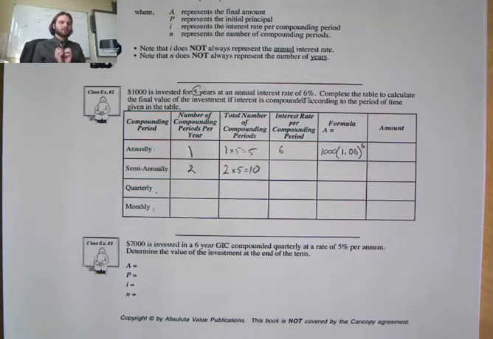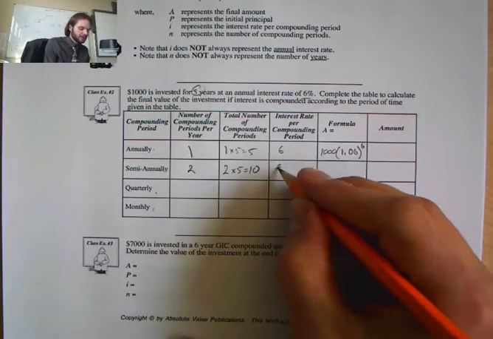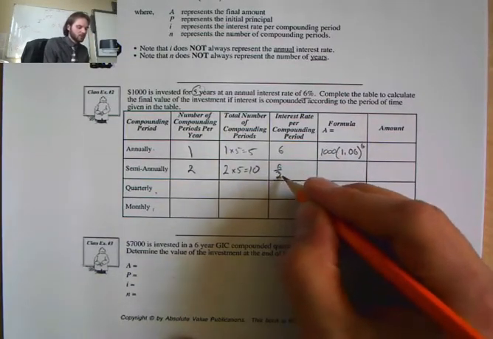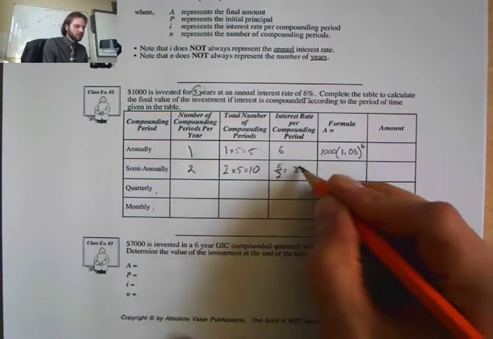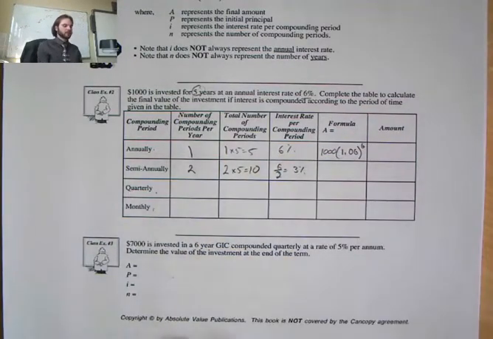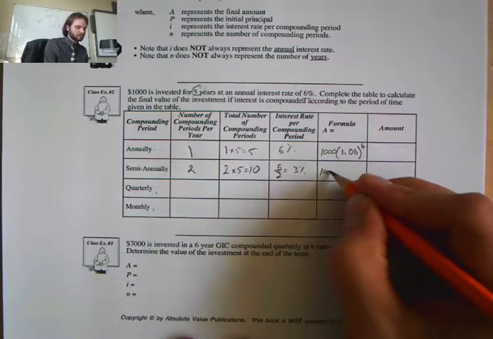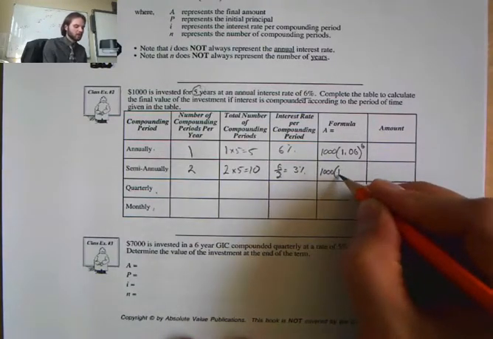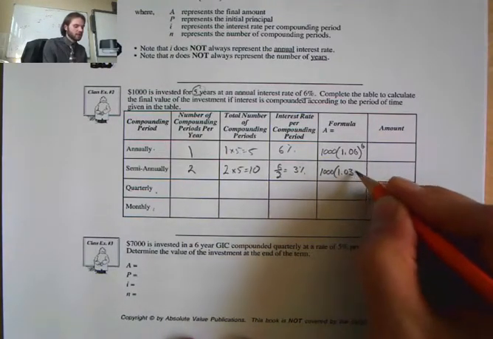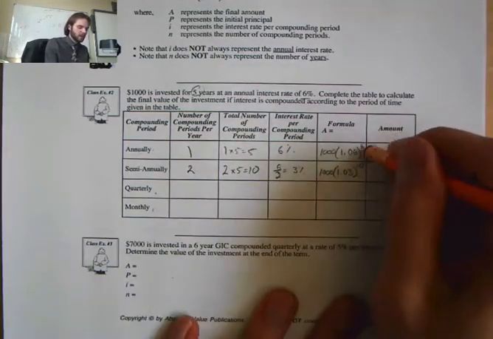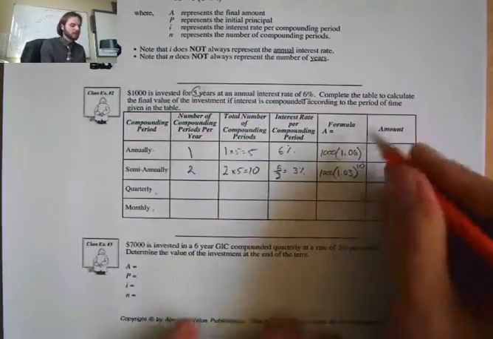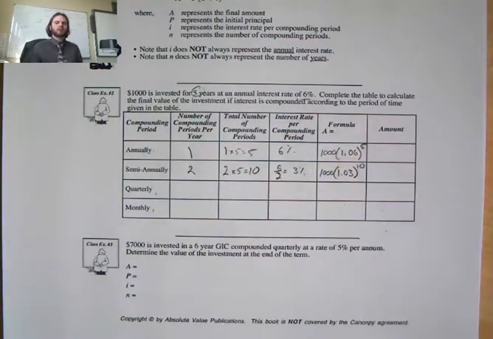Because it's only 6% per year, but we're doing a semi-annual, so it's happening twice a year. So that's 6 over 2, which gives me 3%. So my formula is going to be 1,000 multiplied by 1.03 to the power of 10. Oops, this should have been 5 up here. I don't know why I put 6. That should have been 5 looking up.